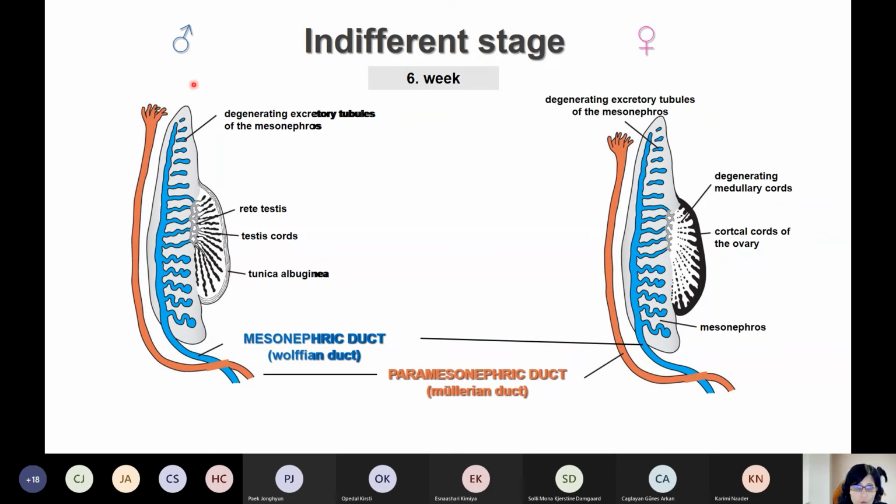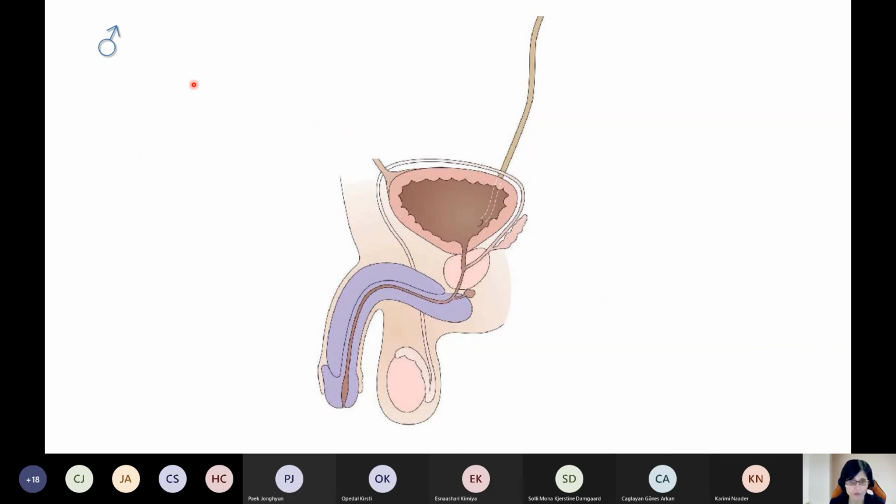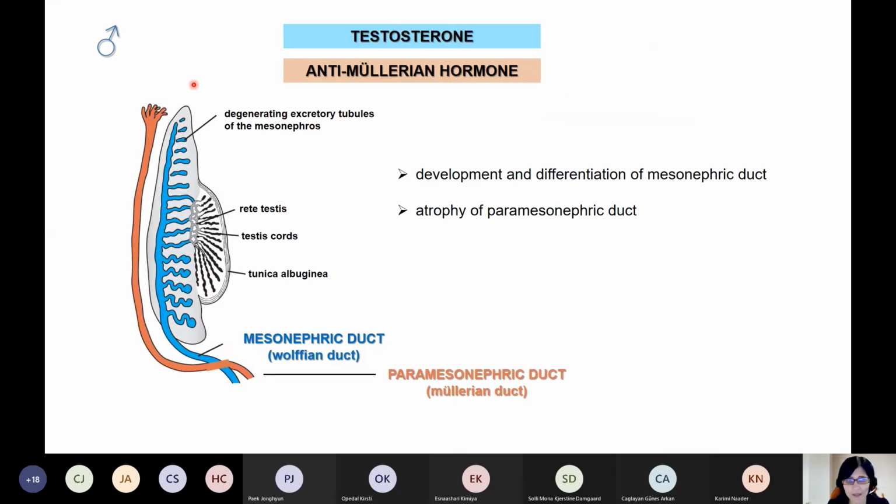And then if we go from this indifferent stage in the direction of the already defined stages, first male development, here we see what will happen to these ducts. In the male development, the mesonephric duct will develop further and will differentiate into different parts of the male genital system, and the paramesonephric duct will undergo atrophy.